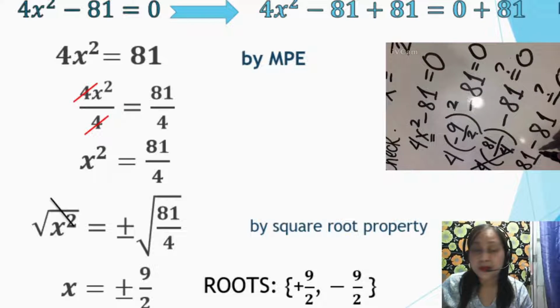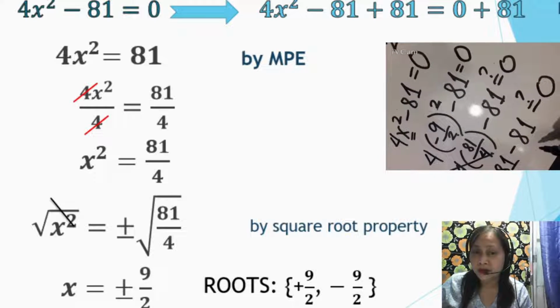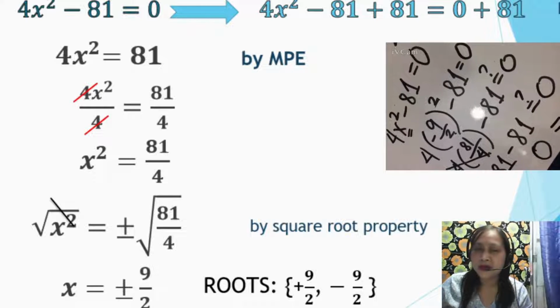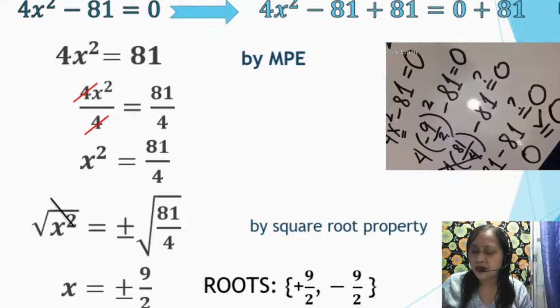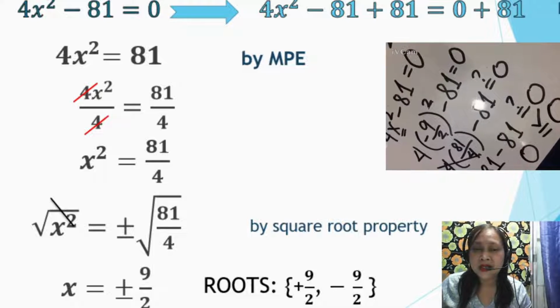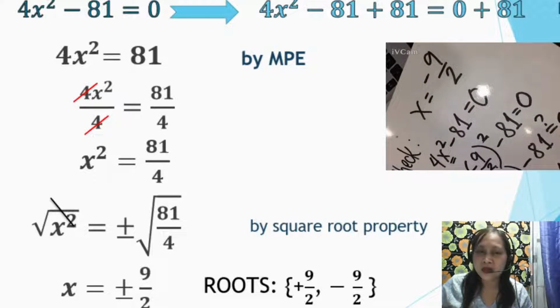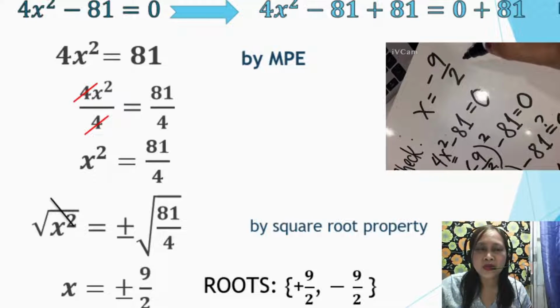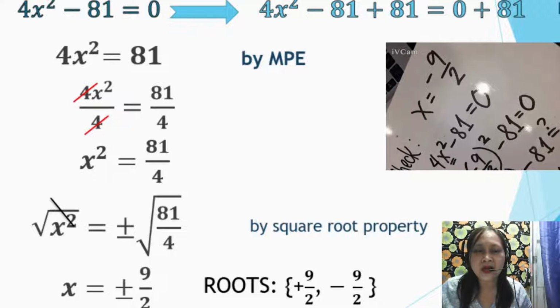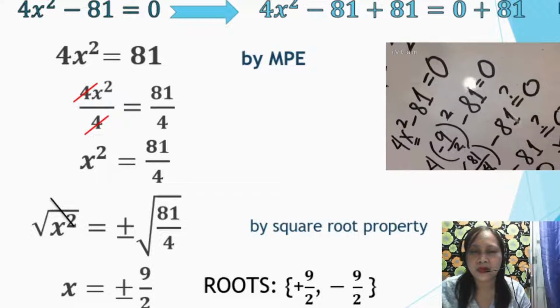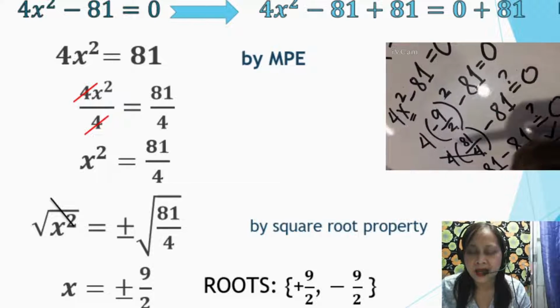Is 81 minus 81 equal to 0? Yes, so 0 is equal to 0. Since they are both equal to 0, meaning negative 9 over 2 is the solution of the equation 4x squared minus 81 is equal to 0. I hope it is clear to you, class?